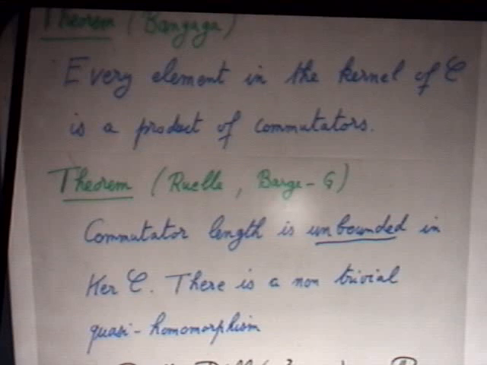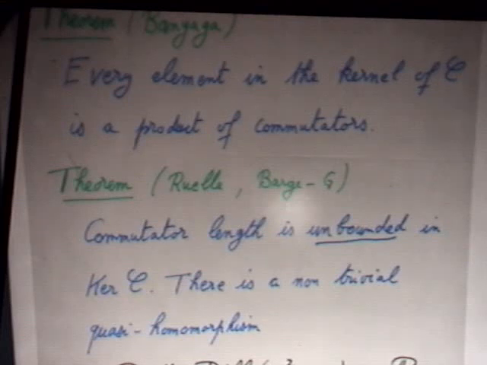It tells you that the commutator length is unbounded inside the kernel of the Calabi invariant. So it is possible to construct area-preserving diffeomorphisms of the torus whose Calabi invariant is 0, but which cannot be written as a product of a small number of commutators.